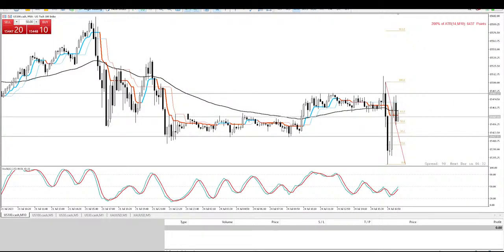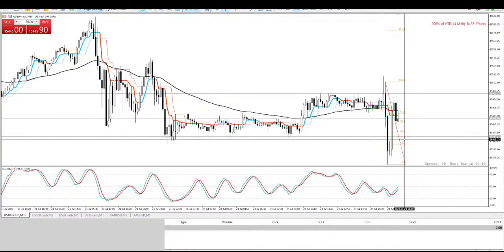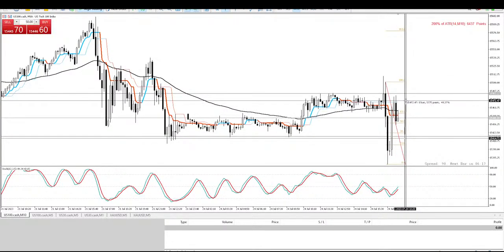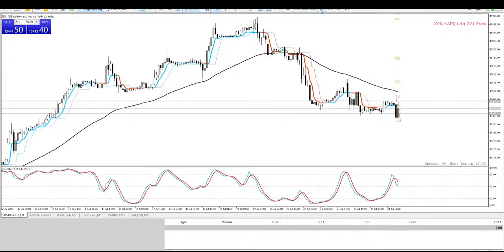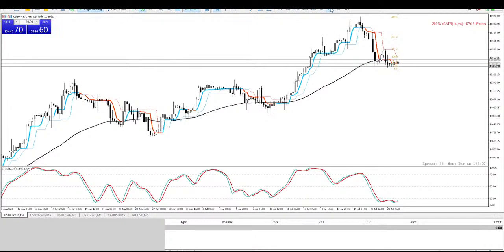The only problem now is that if it does break down and break this lower range, then price may have moved too much to enter a short safely, right? Because to be safe, stop loss you'd put all the way up here, to be honest. And that's like 7,000 points.